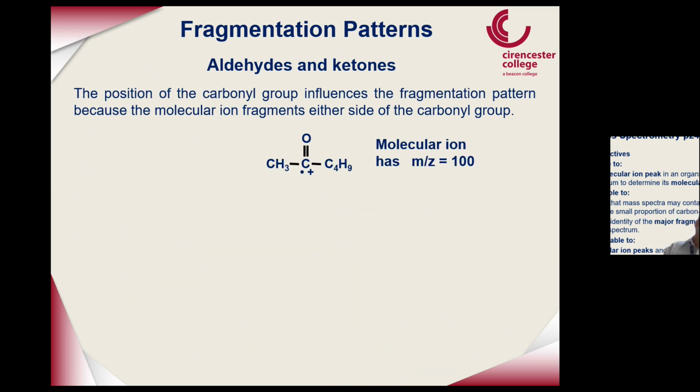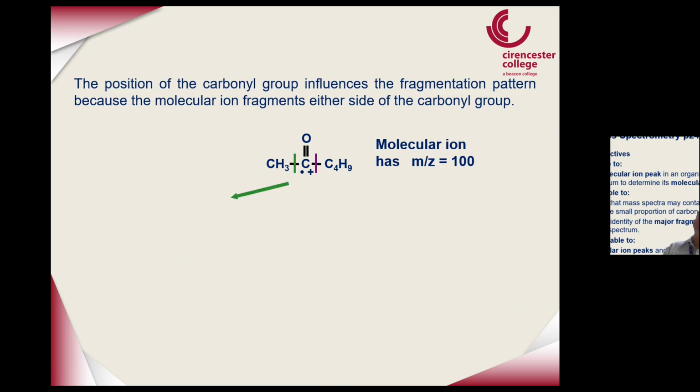Let's have a look at what's going on. This ion has an m/z of 100. Here are some likely places it could break. If it breaks in those places, we're left with those fragments.